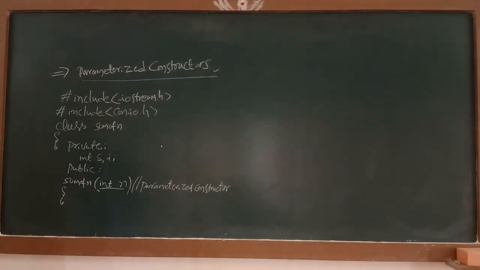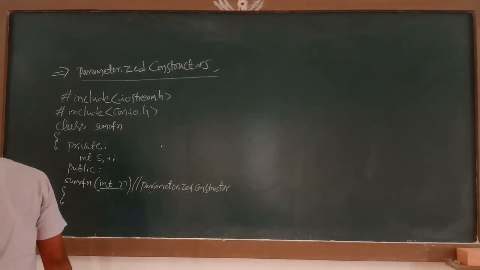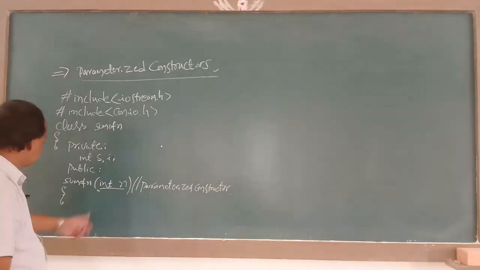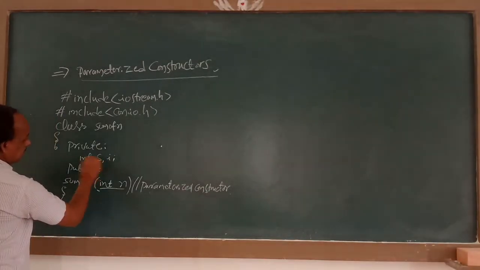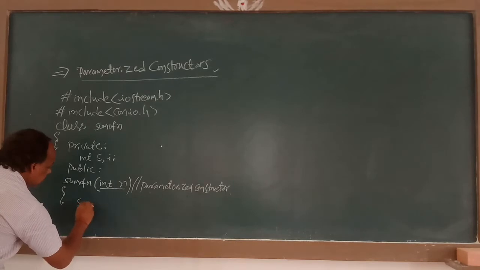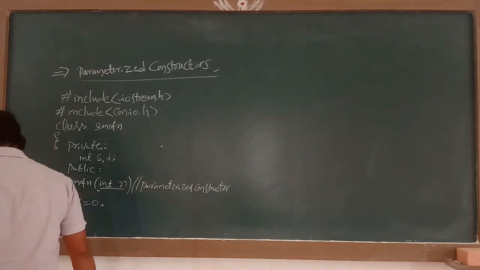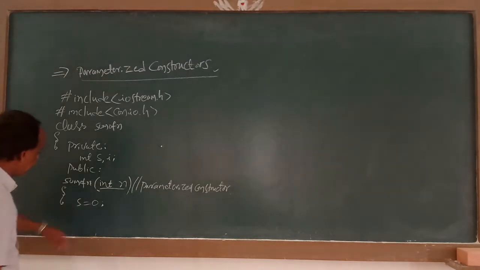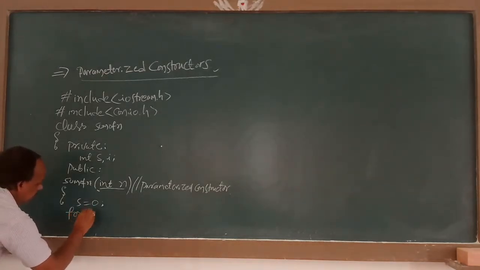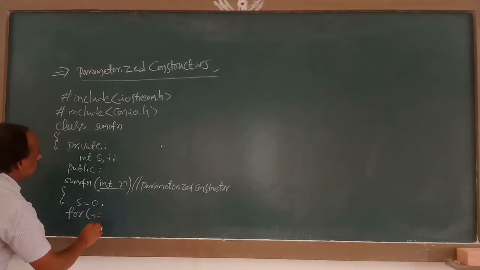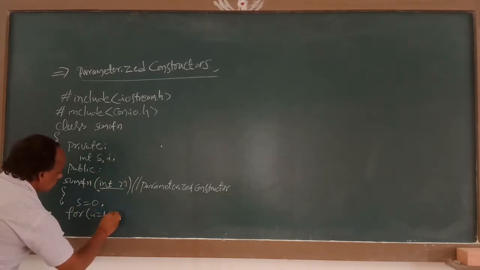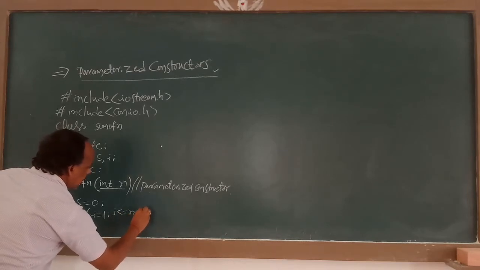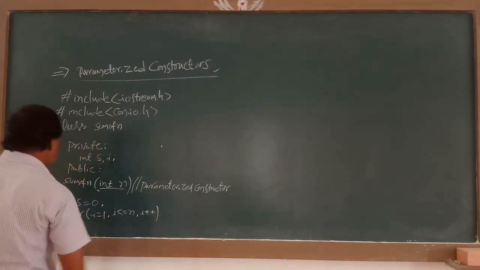So here I have to find the sum of natural numbers, right? Initially sum will be, I am going to store it in s. Initially sum is equal to 0, and afterwards I am using a for loop, right? For i equal to 1, i less than or equal to n, i plus plus, right?